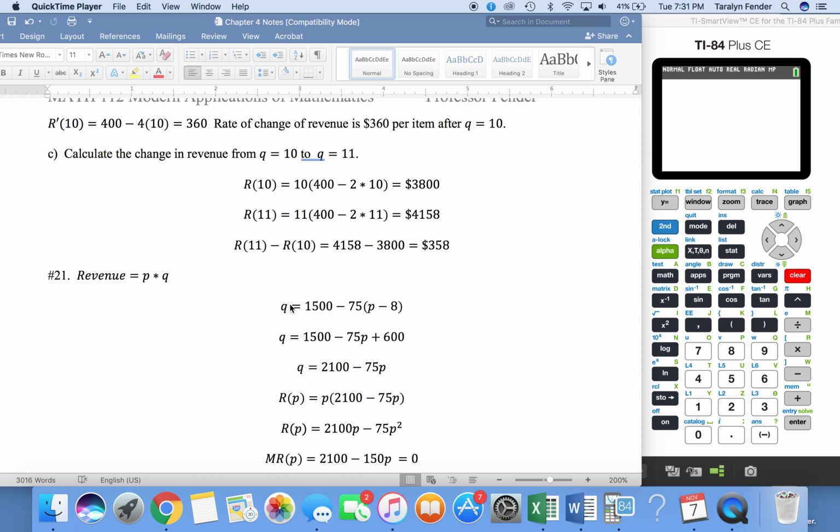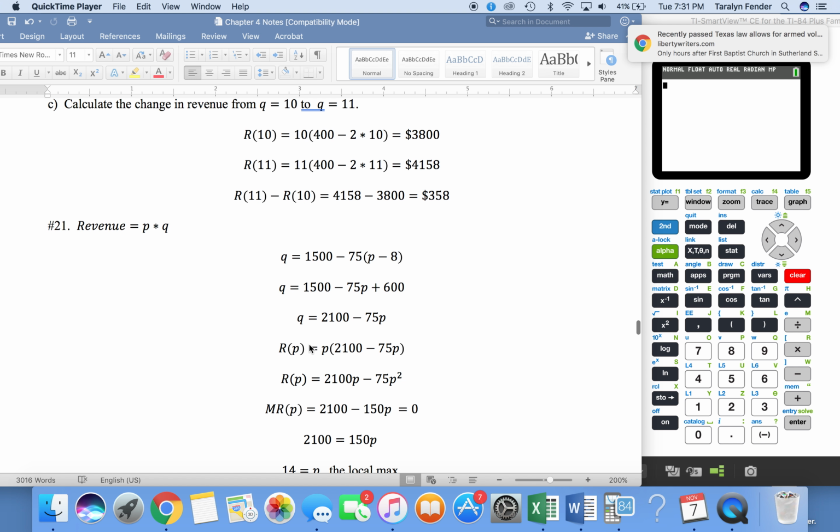So we have the quantity function here. 1,500 is the number of seats, but if you charge more than $8, you're going to decrease by 75 seats. So we're going to multiply that equation out, and this is our new quantity equation. Quantity times price is equal to revenue.